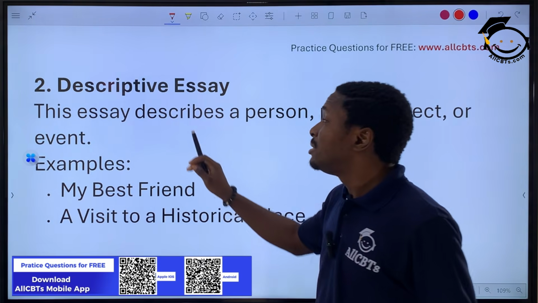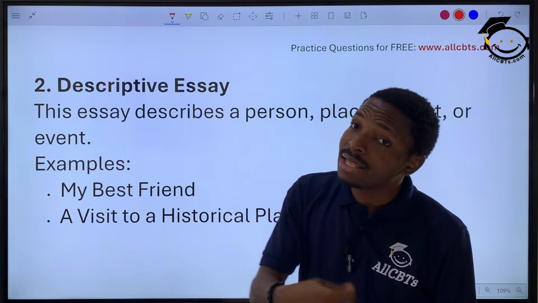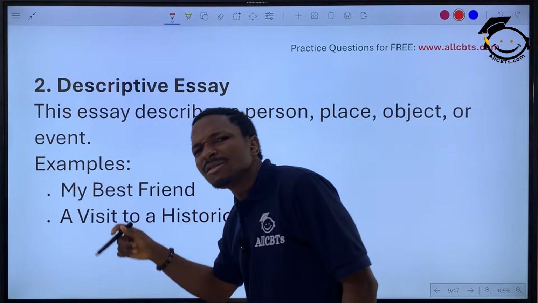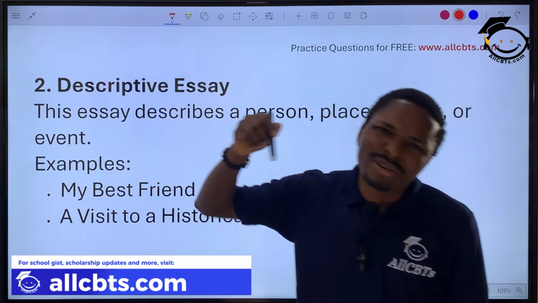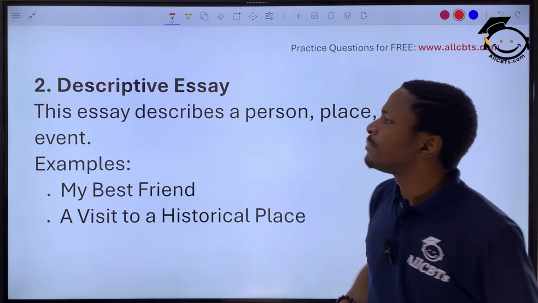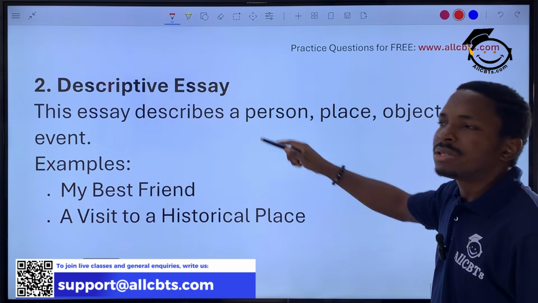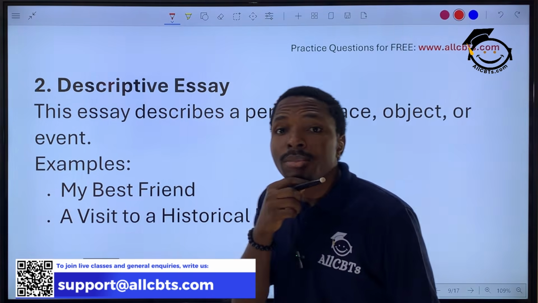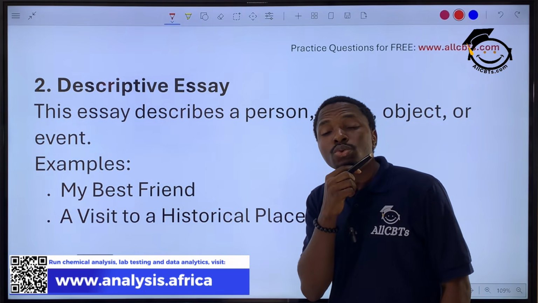Then the second one, descriptive. Look at now, even the terms are already giving you insights into the type of essays that they are. This is descriptive, meaning used to describe, used to give understanding and clarity on a subject. So descriptive essay describes. I say, describe your mother in 200 words.